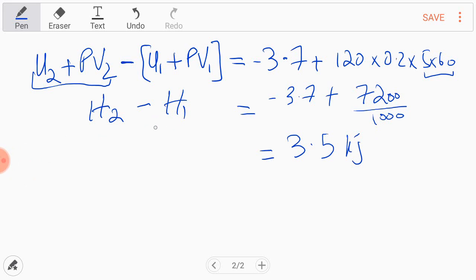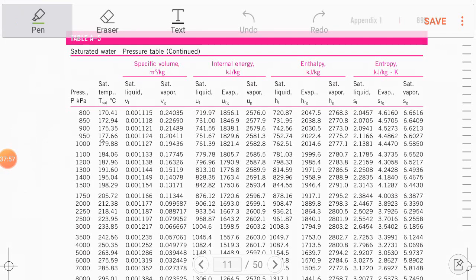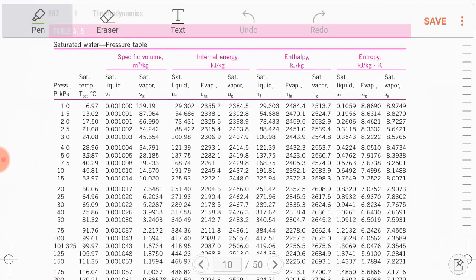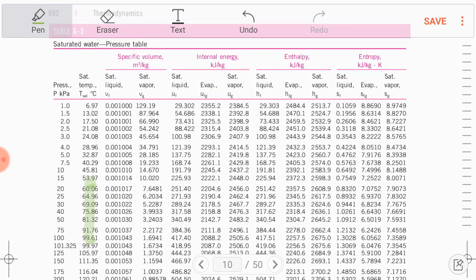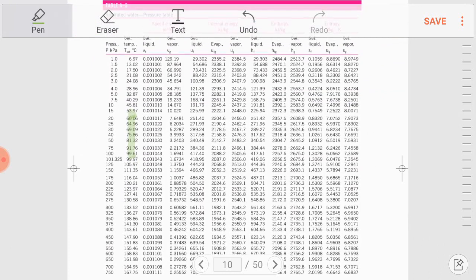Now we can write this with the specific enthalpy, because in the steam table we have a specific enthalpy H2 minus H1, and we know the initial pressure 300 kilopascal, so we can also get the value of H1.